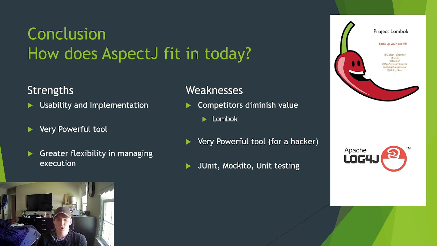So as I had mentioned before, it's a very powerful tool, both for a developer and also potentially for a hacker. Cybersecurity is at an all-time high right now, and technologies like Log4j, which were just recently in the news, are a perfect example of how hyper-pervasive pieces of software can really turn a nice feature into a massive vulnerability.